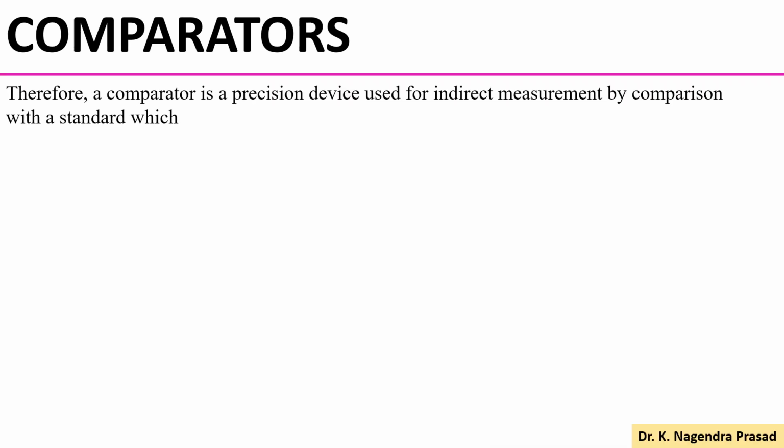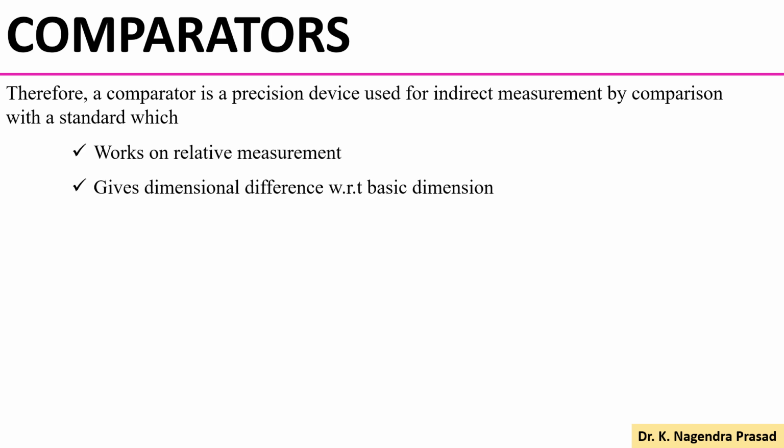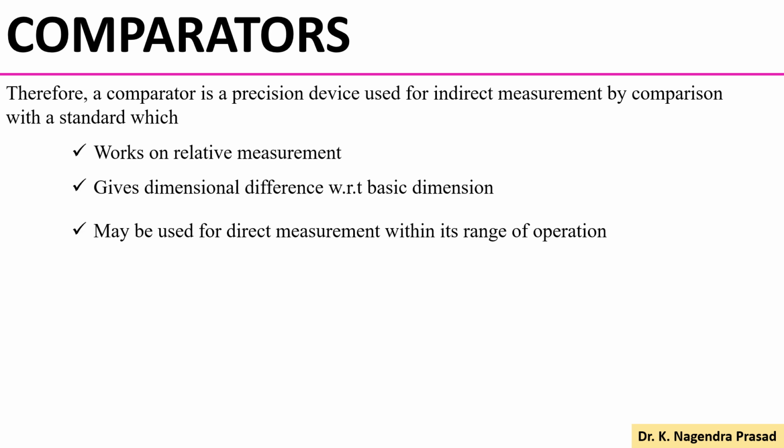So a comparator is a precision device used for indirect measurement by comparison with a standard, which works on relative measurements and gives the dimensional difference with respect to the basic dimensions. So comparators do not give the exact dimensions of a component; they show the difference between the dimensions of the component and the basic dimension.